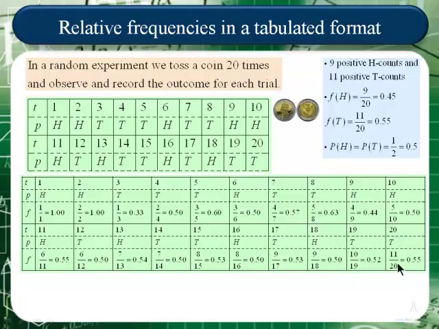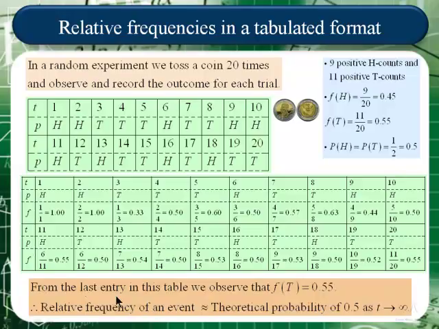And after we completed 20 trials, we have 11 positive T counts, 11 out of 20, so the frequency is 55%. So from the last entry, this particular one, we observe that the frequency of getting a positive outcome as tail is 0.55 or 55%.